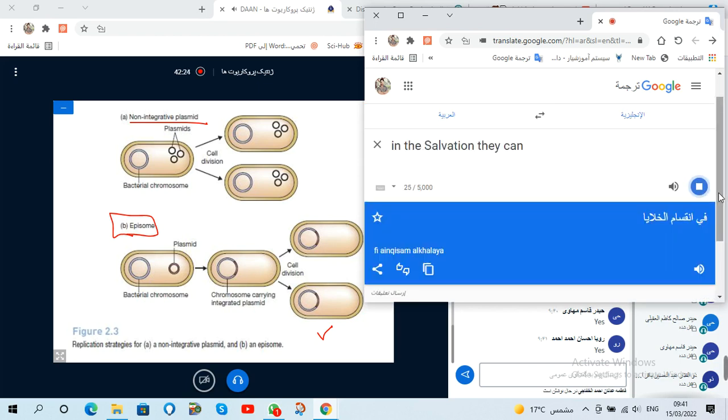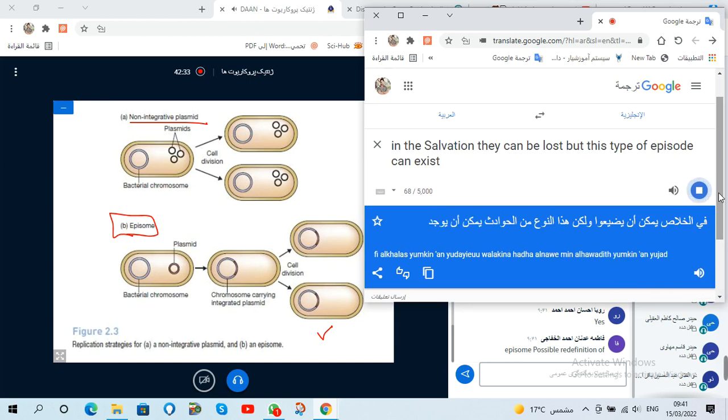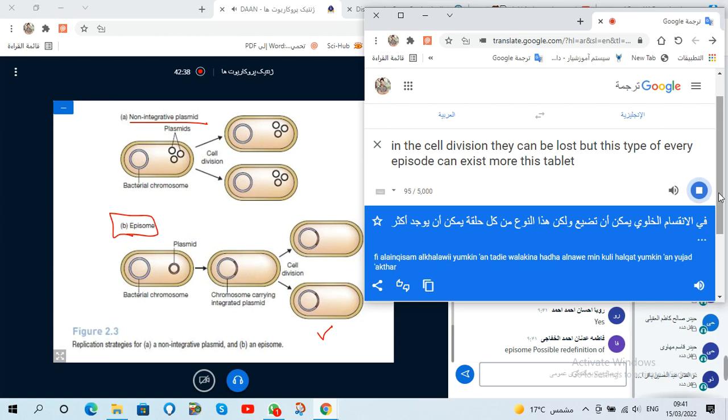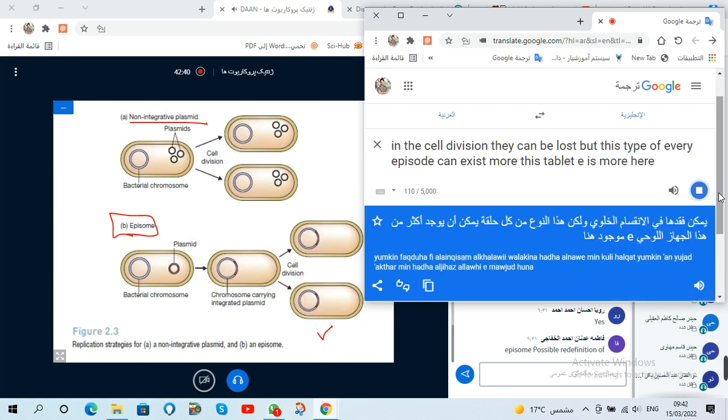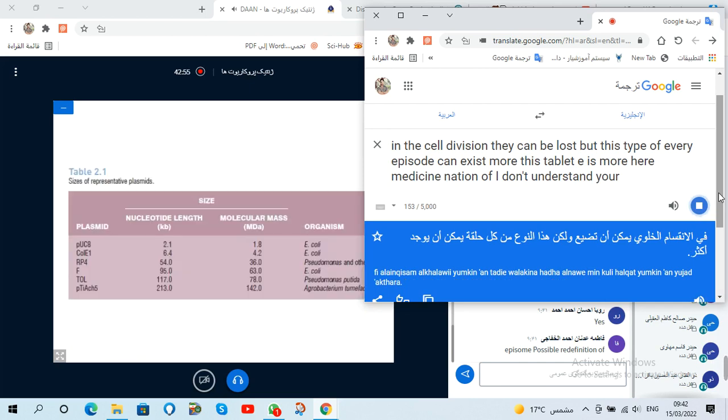But this type of episome can exist more. The stability is more here.